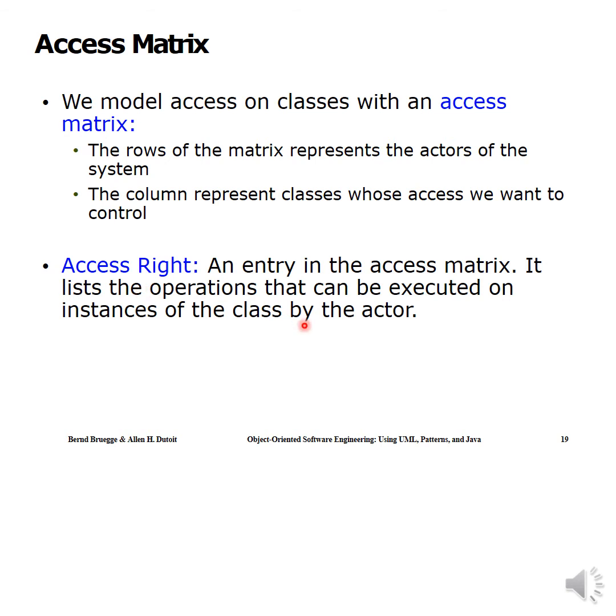It lists the operations that can be executed, like post, examine, select, on instances of the class by the actor. I will show you with the help of an example of a bank teller of a banking system.